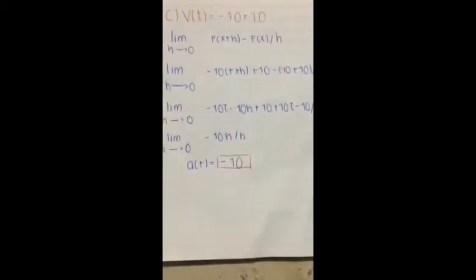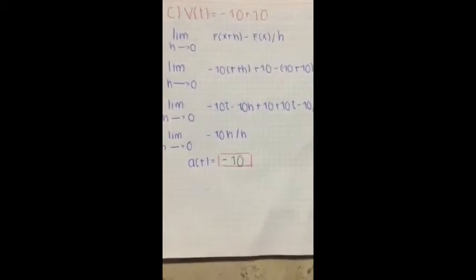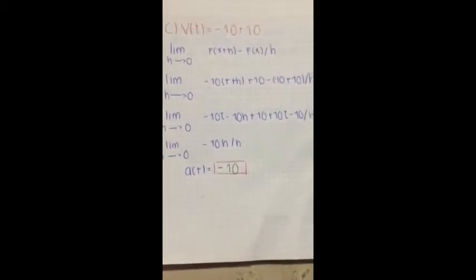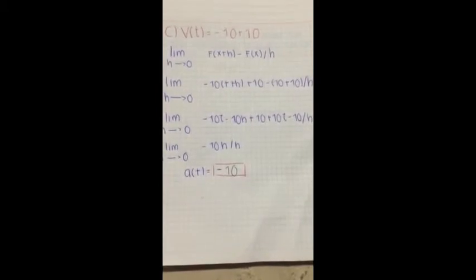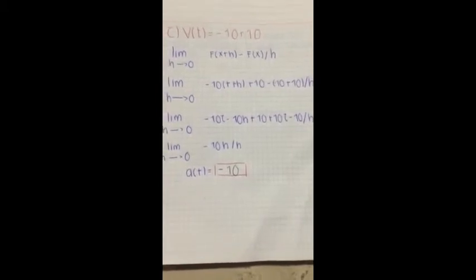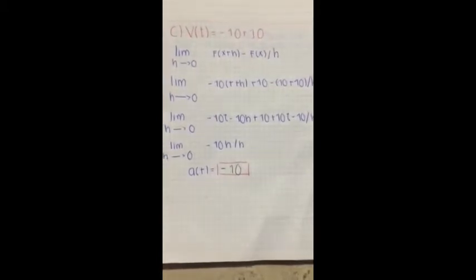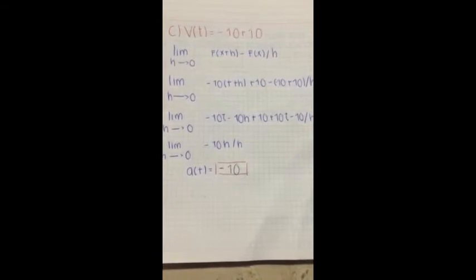To derive using the limit definition, you have to apply the limit as h approaches 0 to the function f(x + h) minus f(x), everything over h. Then you have to substitute the original function.